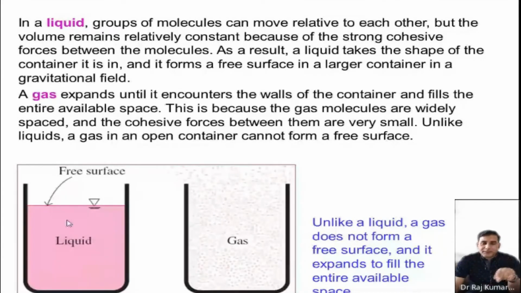They can move within the liquid, but they are not allowed to leave the liquid surface because of the cohesive forces. Now see gases here. If you do not close the container, some of the molecules may leave the surface. The cohesive energies of gas molecules are very, very low compared to their kinetic energy, so they can leave the surface, and therefore you don't have a perfect free surface in the case of gases.